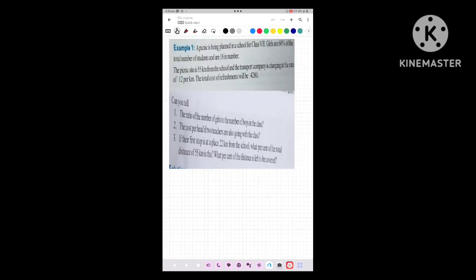A picnic is being planned in a school for class 7. Girls are 60% of the total number and they are 18 in number. So we know the number of girls, 18. It's also given that it is 60% of the total number.